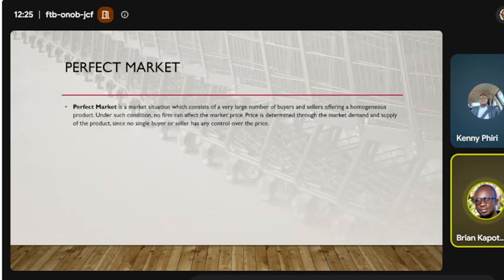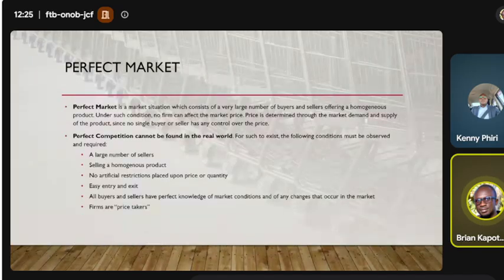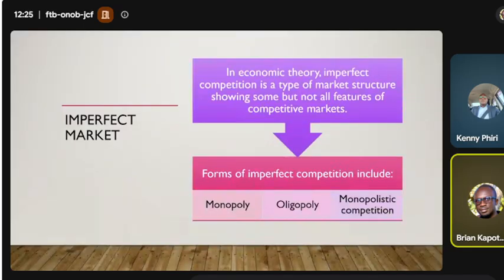Okay, so I've explained the concept of a perfect market, and these are the points that I shared with you. And I'll share these slides, and then you can have time to go into these in greater detail.